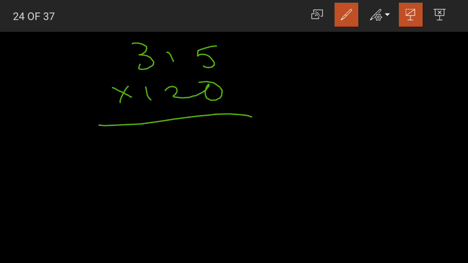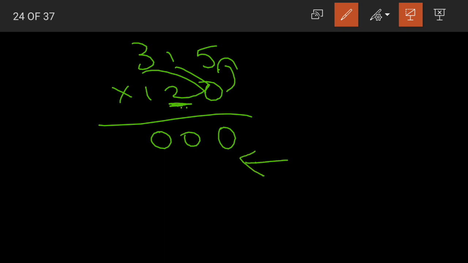Sorry, I forgot the number. 315 into 120. How do we start multiplying a 3-digit number? Starting from the ones place. 0 fives are 0, 0 ones are 0, 0 threes are 0. Yes. Next, moving to the next digit, which is 2. A new digit. So remember to start multiplying in a new line.